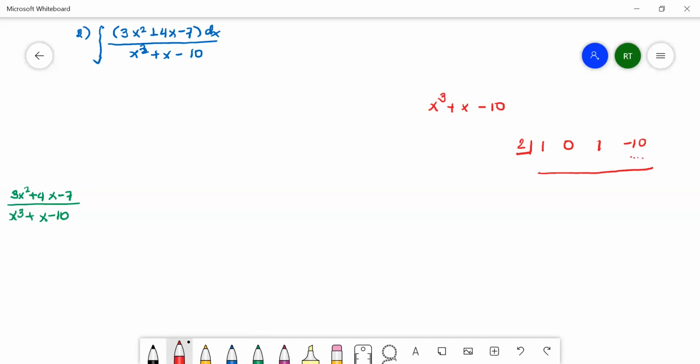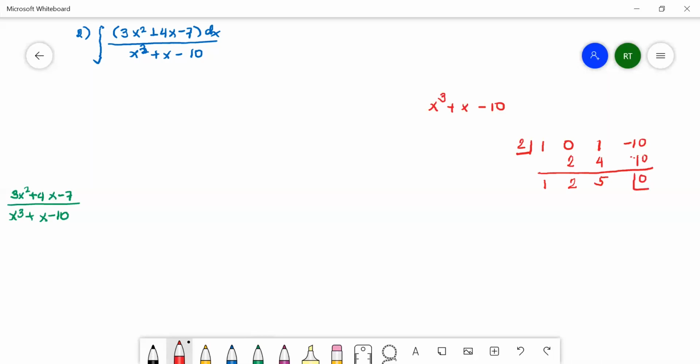Bring down 1. 1 times 2 is 2. 0 plus 2 is 2. And 2 times 2 is 4. And that can give us positive 10. 1 plus 4 is 5. 5 times 2 is 10. So that will give us 0.